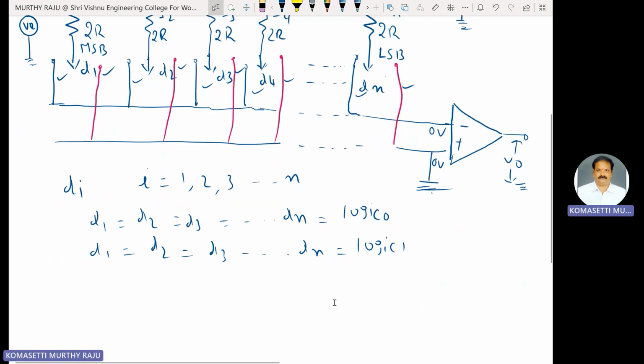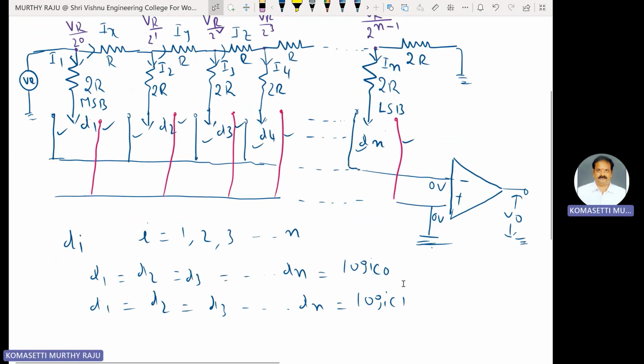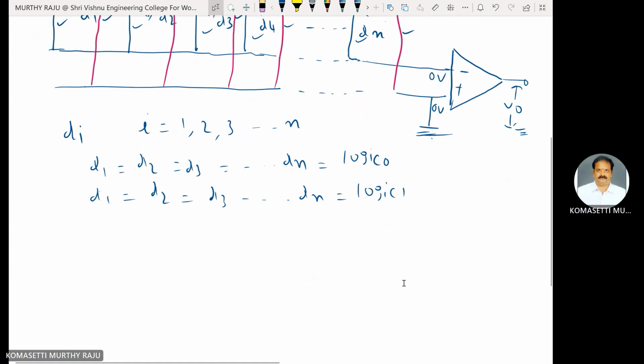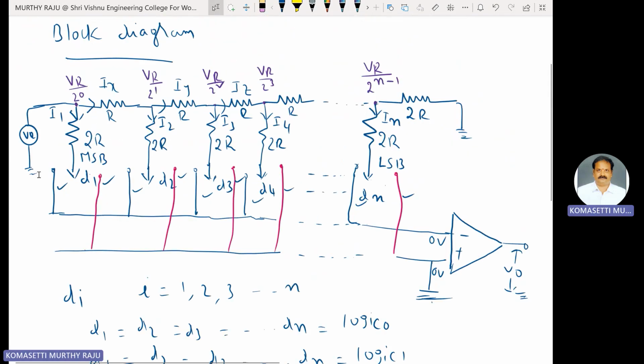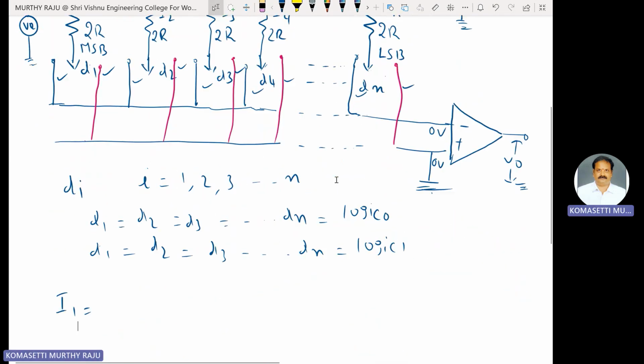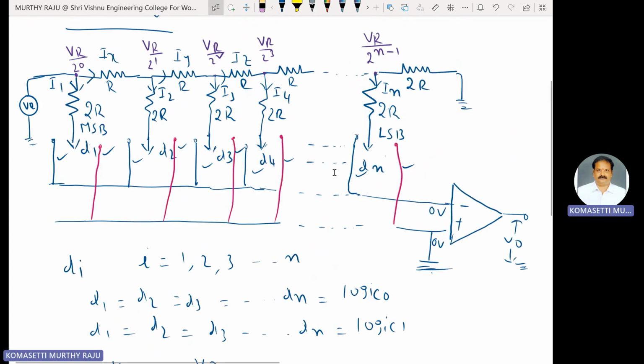Now I will calculate currents I1, I2, I3, and I4. I1 is equal to VR by 2 power 0 by 2R. 2 power 0 is 1, so VR by 2R.